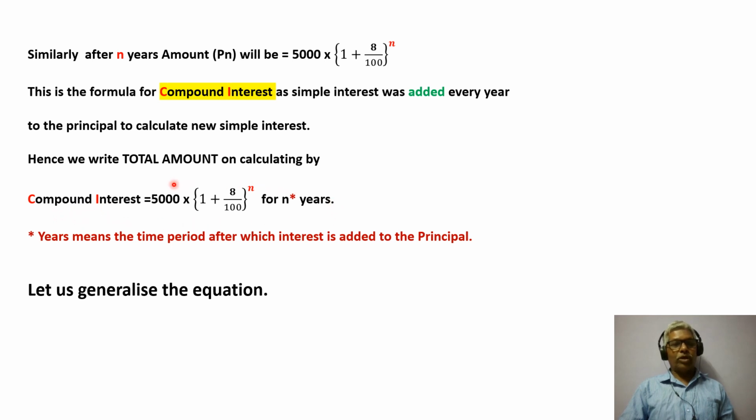We are just trying to understand what we have derived. We will discuss n. What is n years? n years means the time period after which interest is added to the principal. We will discuss this after generalizing the formula, so let us generalize the equation first, and then we will discuss.